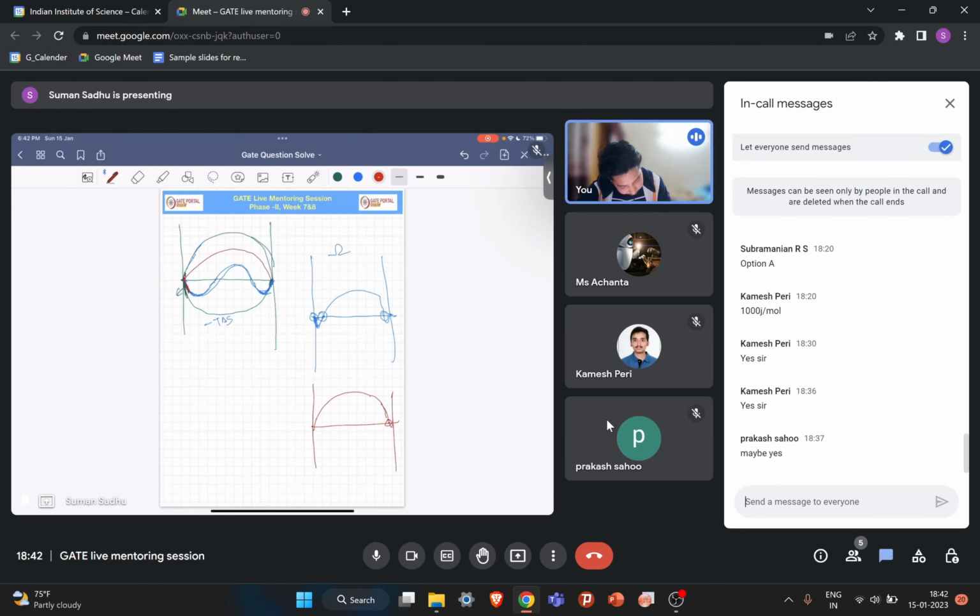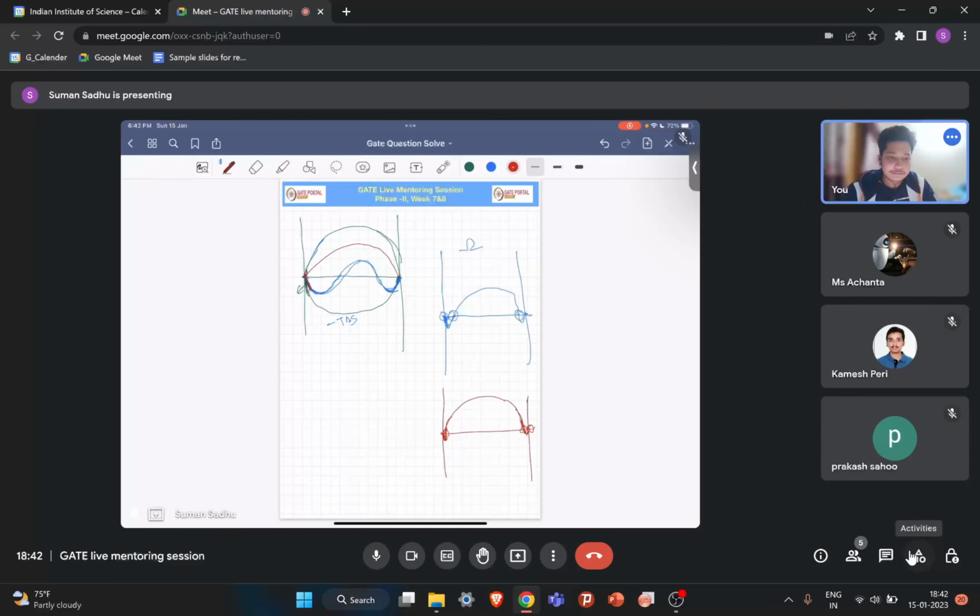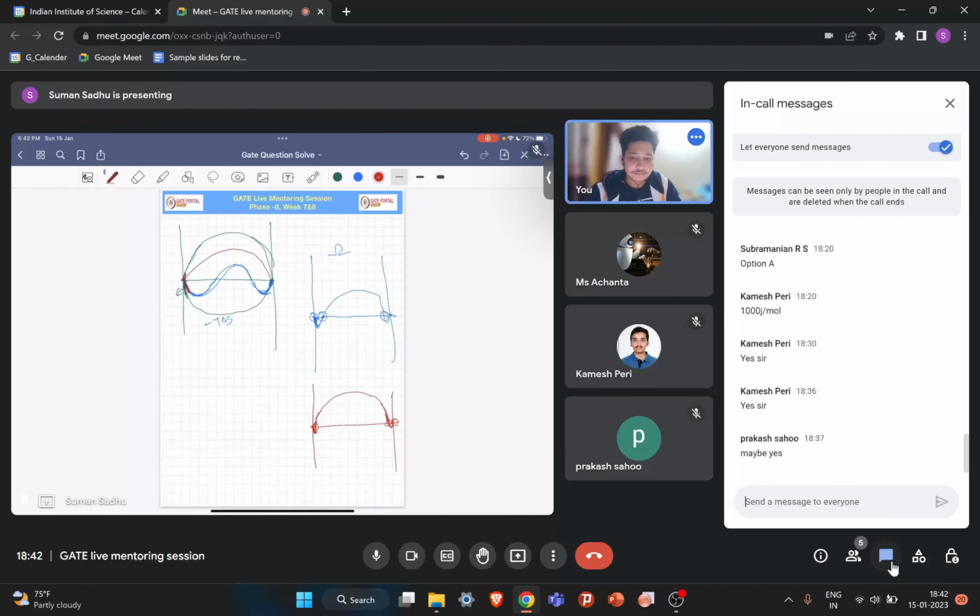But it will never touch your pure composition. Always a little bit in the negative direction your free energy curve will go, and then it will rise up. Okay, so up to this part everyone understood why this free energy curve looks like this when delta H is positive and at low temperature? Understood?